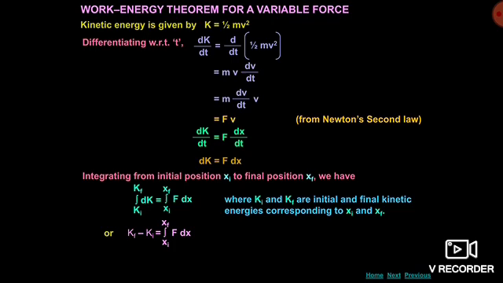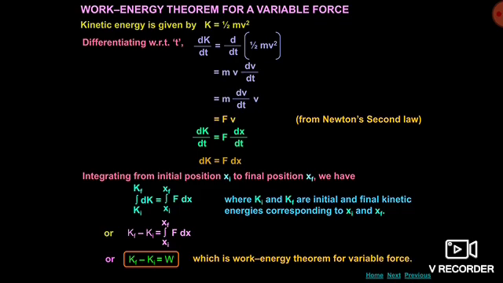After integration we get Kf minus Ki, and dx integrated from xi to xf gives the total displacement. Force into displacement is work done. This is the work energy theorem for variable forces.